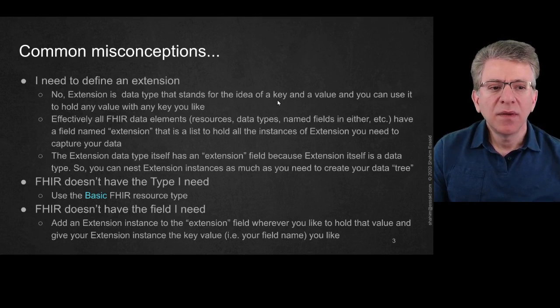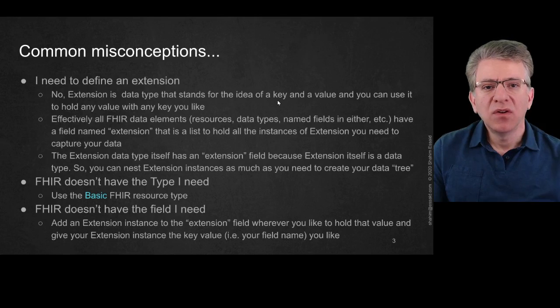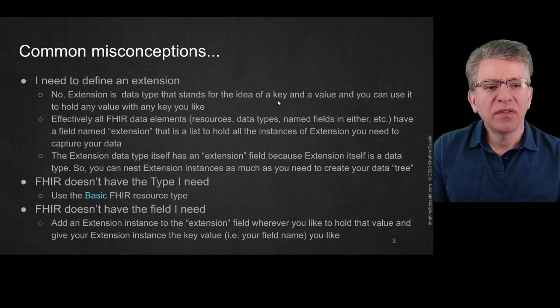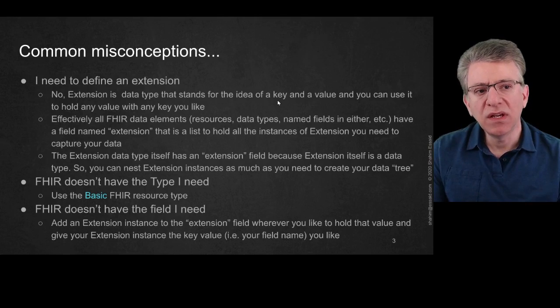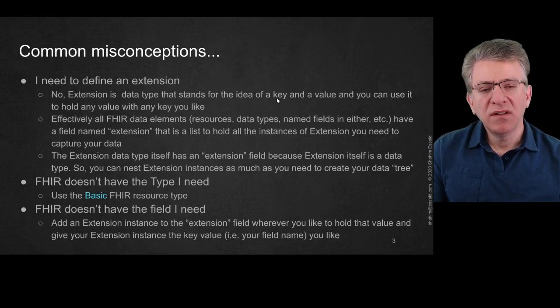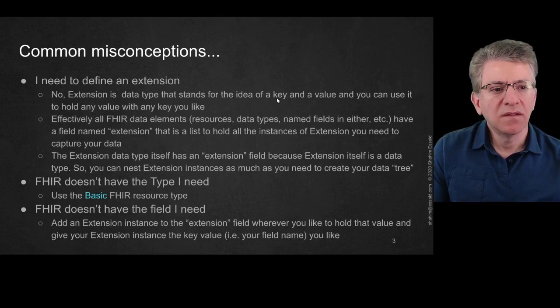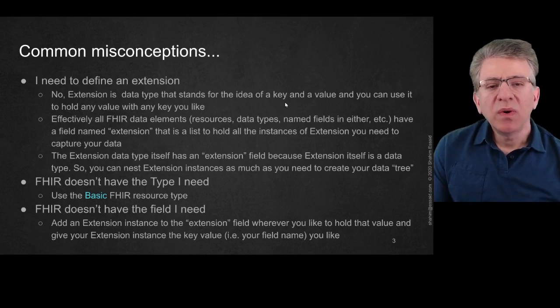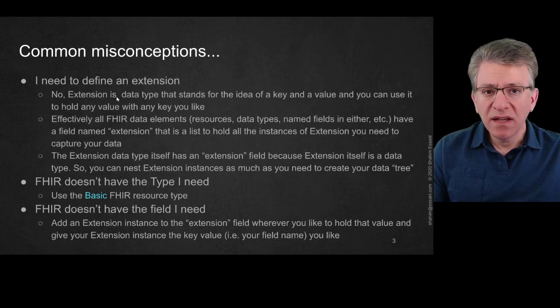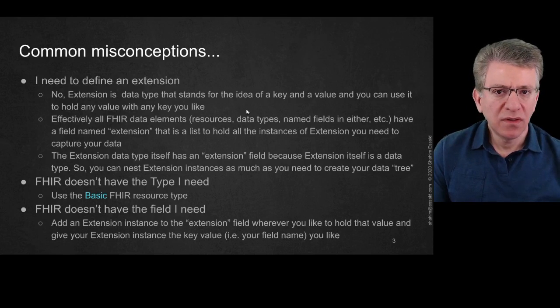To make sure that your key doesn't clash with someone else's system key, the data type for the key is a URL. So you have to have a fully unique key to make sure that your key and your value don't clash with someone else's key and value. But you don't have to define an extension. There is a data type already defined. You just need to use that data type and put the key that you want and the value.